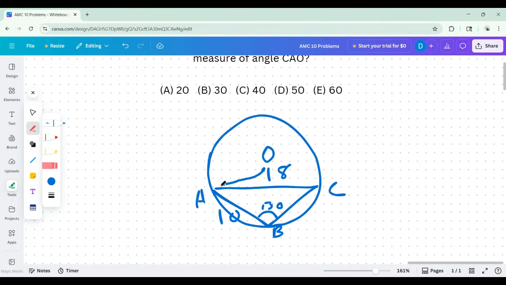So we can draw the radii from the center of the circle. AO is a radius. It's congruent to OC because OC is also a radius. It's also on the circle. And B is also on the circle, so that makes OB a radius as well. Without loss of generality, we know that ABC could be an isosceles triangle, for example, with AB and BC being the sides that are equal. So just set these two sides as equal.